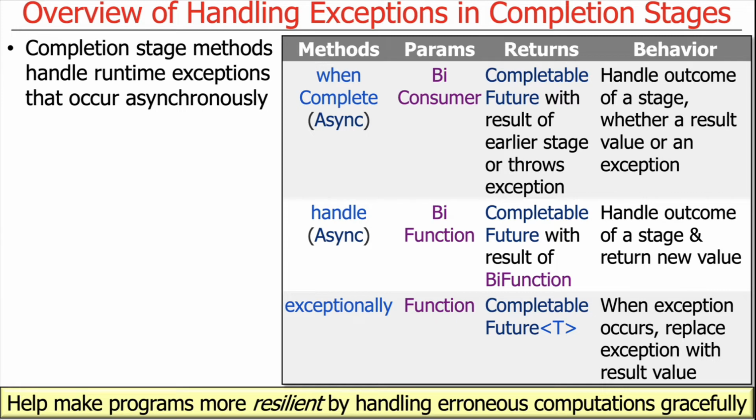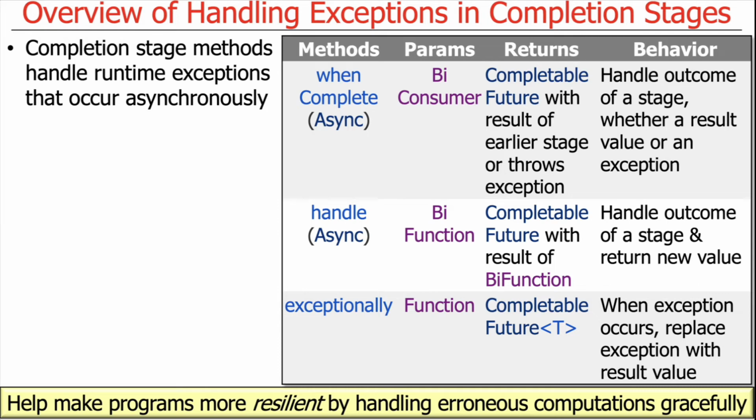So whenComplete, either sync or async, takes a BiConsumer and returns a CompletableFuture with the result of the earlier stage, or it throws an exception. It's very clever, and it'll handle the outcome of a stage, whether the result was just a regular value because all went well, or whether an exception occurred. You'll see how the BiConsumer is used to make that differentiation.